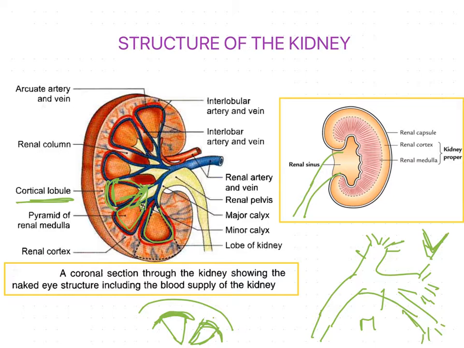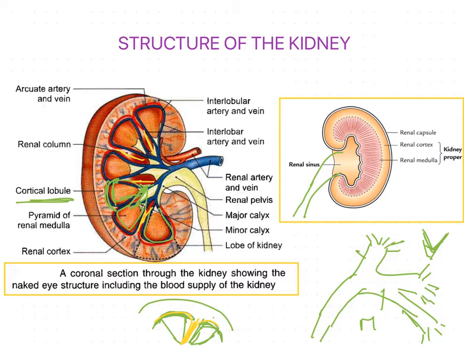The next part is the renal columns, which dip in between the pyramids. Here it forms the cap like this, and in between the pyramids the cortex is dipped inside, between the two pyramids. This part is called the renal columns.